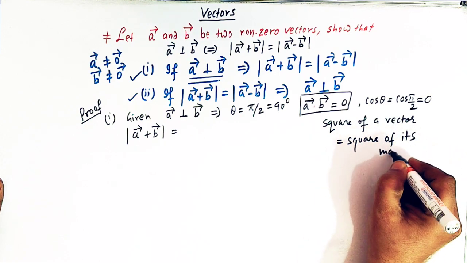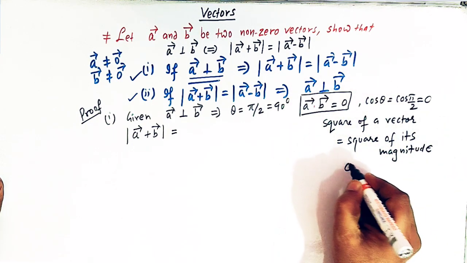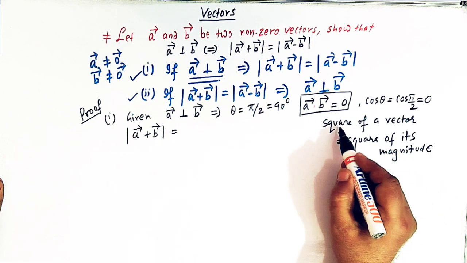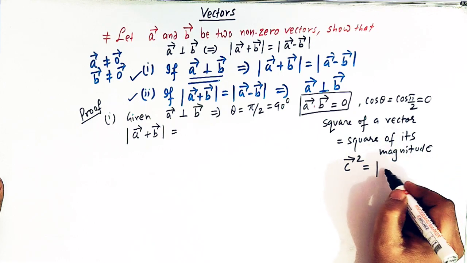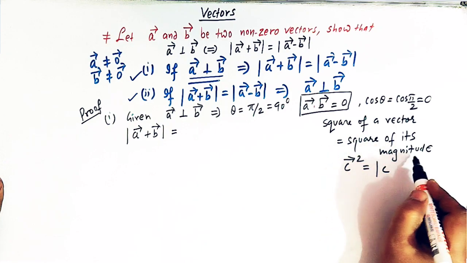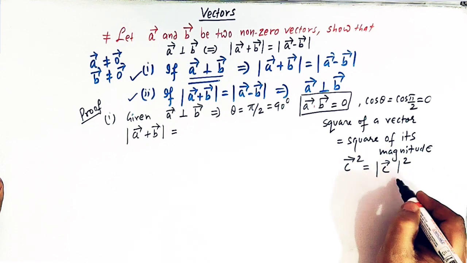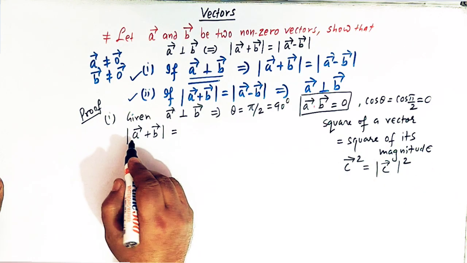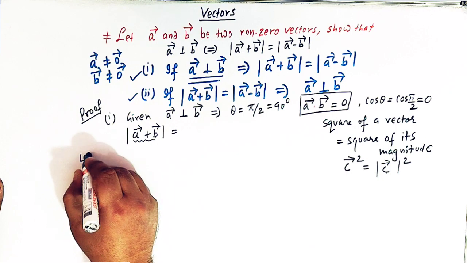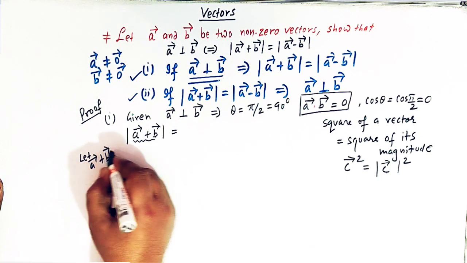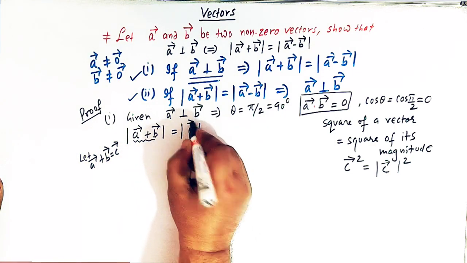Suppose we have a vector, say vector C, then the square of the vector C must be equal to the square of the magnitude of the vector C. Here if we take A plus B as vector C, then we have the magnitude of vector C.